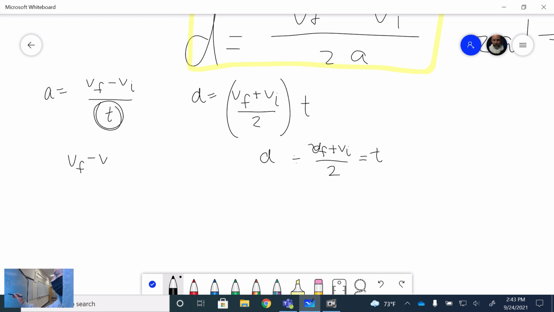So then you have vf minus, and then divided by, and then we just kept going.